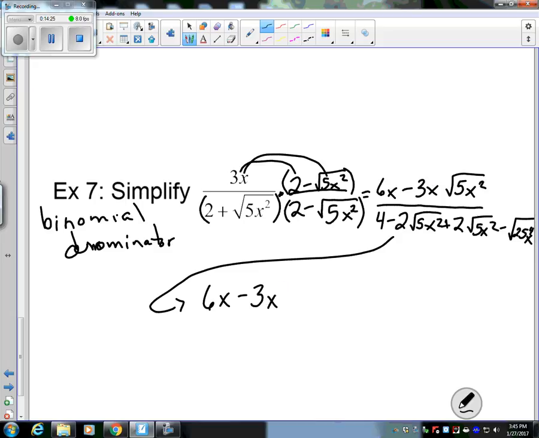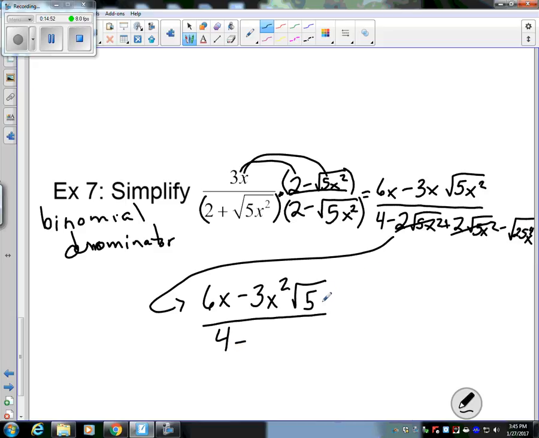In the denominator, we have 4 minus 2 square root of 5x squared plus 2 square root of 5x squared. Negative, positive, those will cancel out. So we have a 4, and then we're subtracting the square root of 25x to the fourth, which is 5x squared.